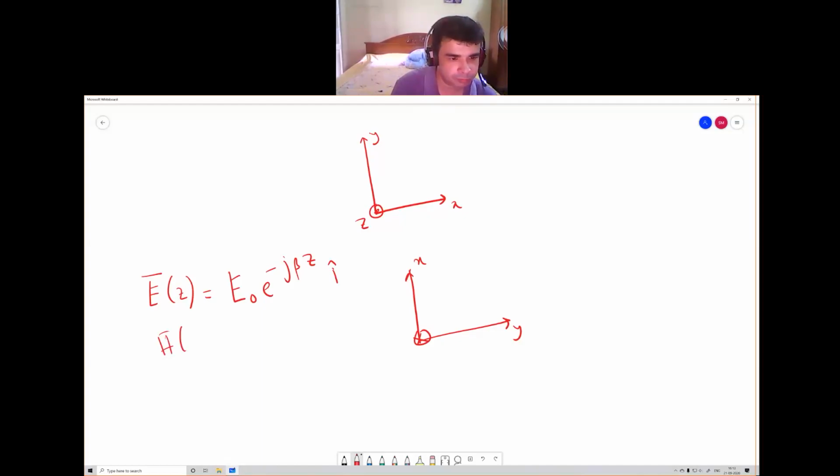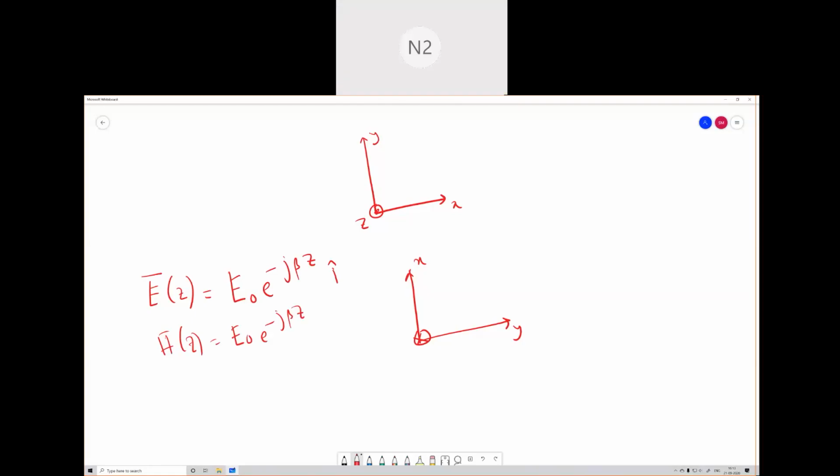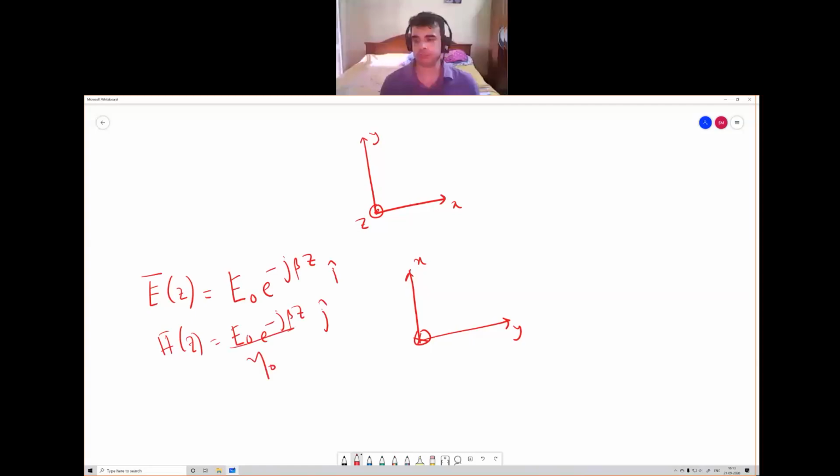H will be E naught e to the power of minus j beta z over eta naught, along y. Let us assume it is backward. Agreed? But we will focus only on E. H is not important for this particular case, but H is there, no problem.